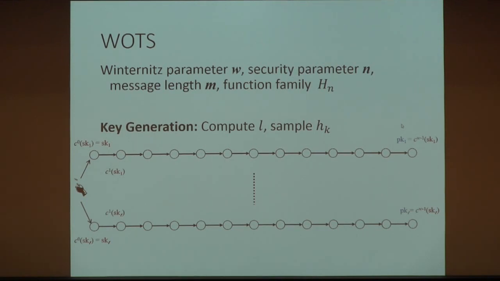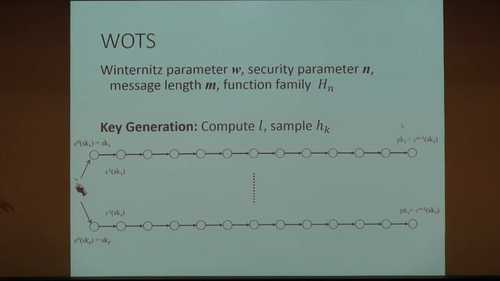Now, the key generation first computes some value L, and you will see in the next slide what this L is. And it will sample an element from the function family, and then it will sample L n-bit strings uniformly at random. These become the secret key elements.